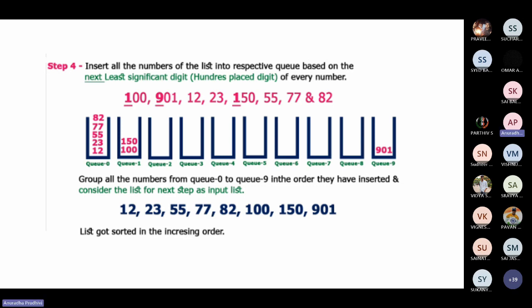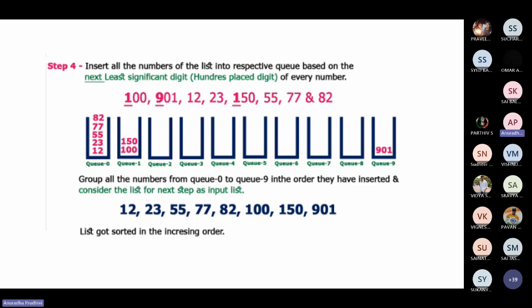In Q0 we have 12, 23, 55, 77, 82. Next in Q1 100, 150. All these other Qs are free. Finally in Q9 we have element 901. So 12, 23, 55, 77, 82, 100, 150, 901. So we got the sorted list.